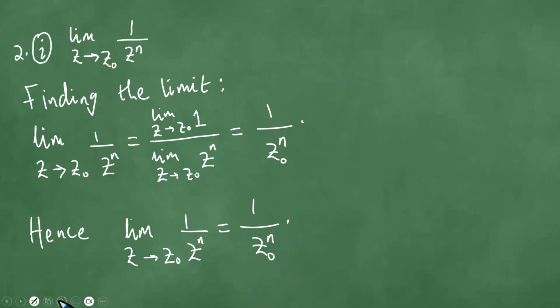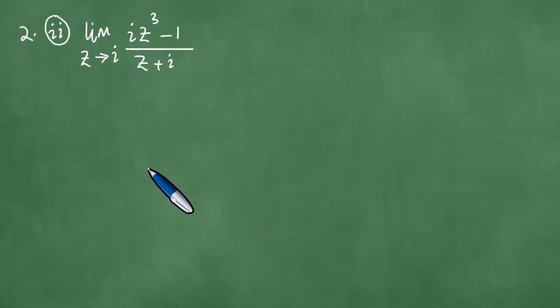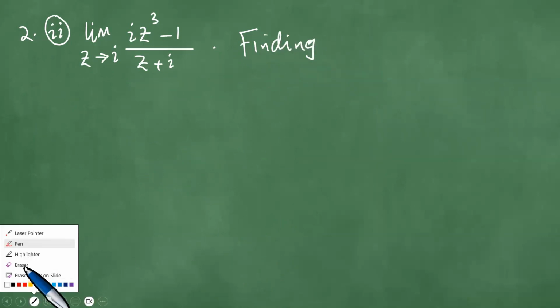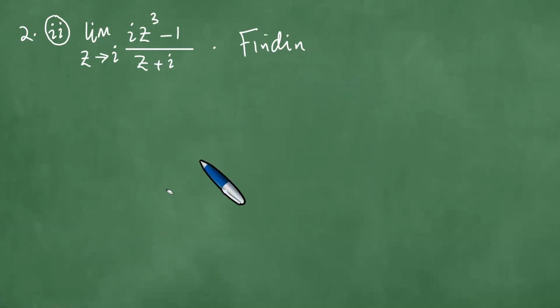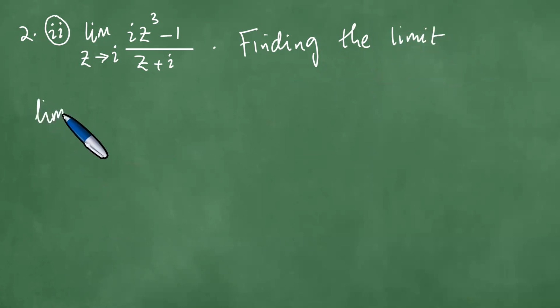Right, we focus now on the next one. So we need to find the limit. If the limit as z approaches i of z cubed minus 1 divided by this.